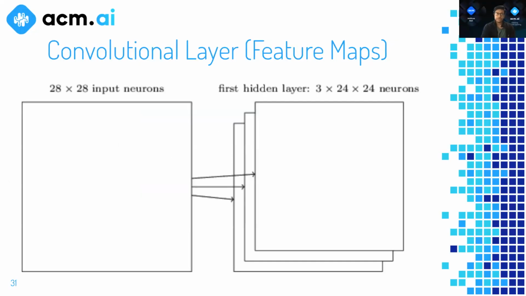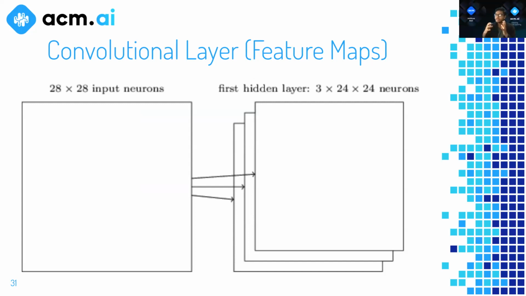So all right, let's look at this. Here we have a 2D input, 28 by 28 input neurons. That means we have a 28 by 28 image. After we apply these filters, we get a smaller feature map with dimensions 24 by 24.